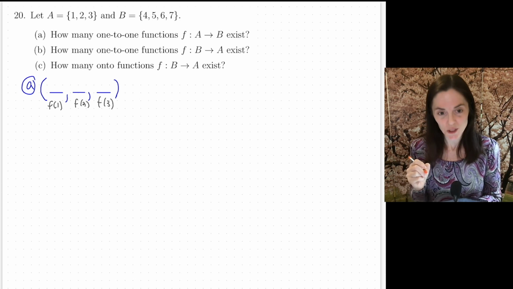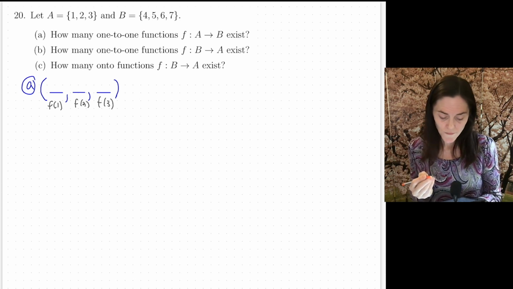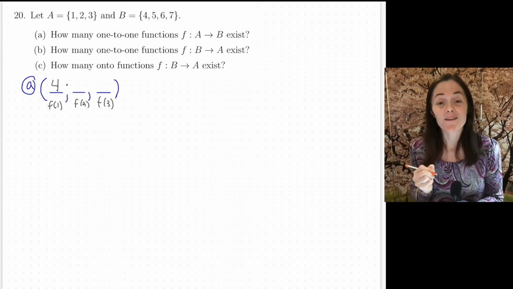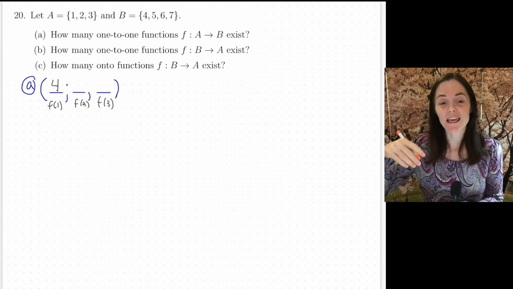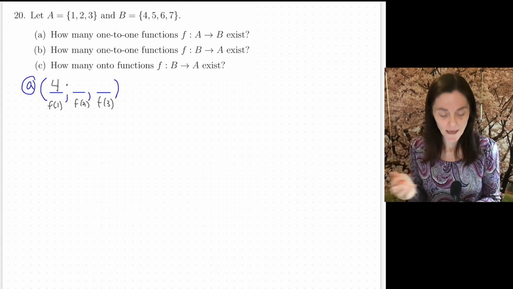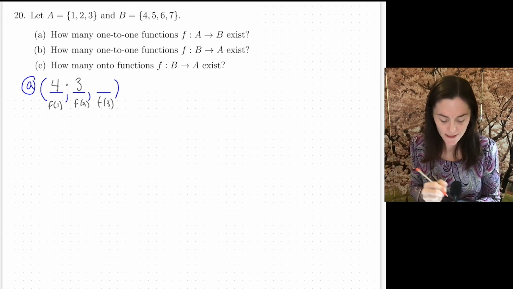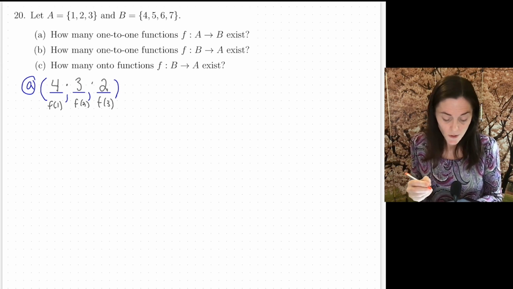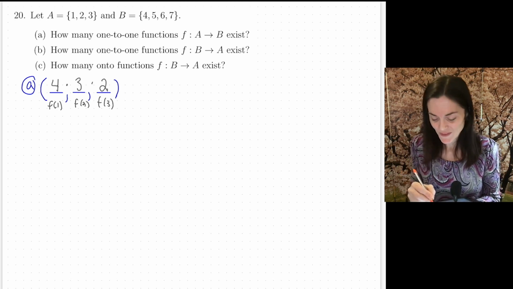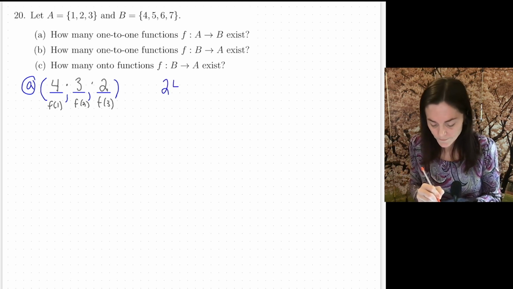But this is one-to-one. And so I have 4 choices for f of 1. Once I have selected that, I can choose to make a one-to-one function any of the other 4 except the one I have chosen. So I have 3 choices here. And similarly, I will have 2 choices here. So altogether, let's see, what is this? 12 times 2. We get 24.